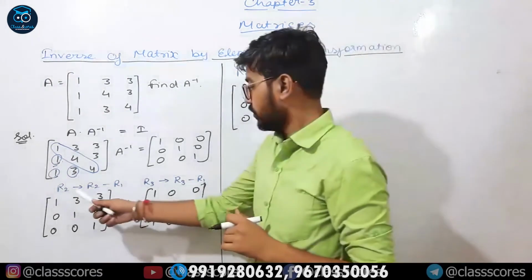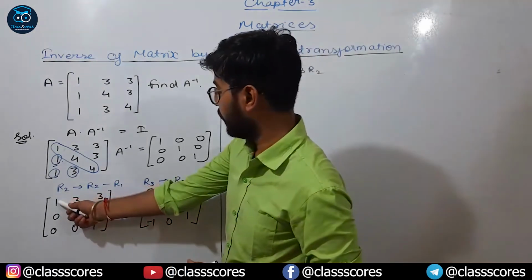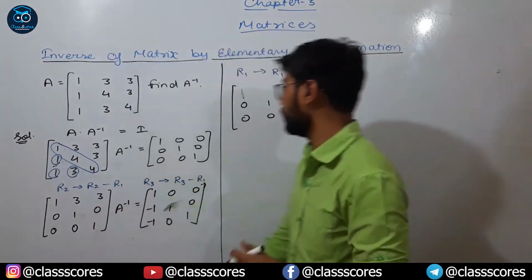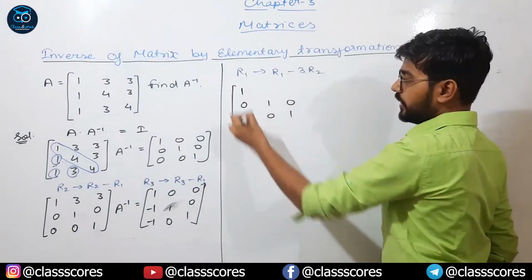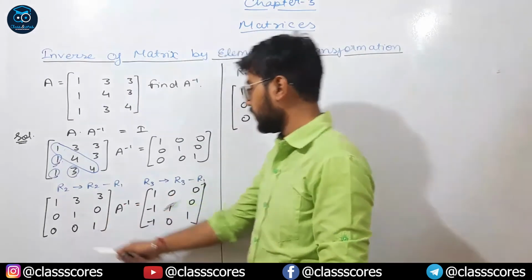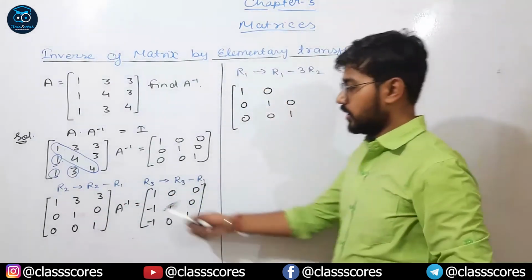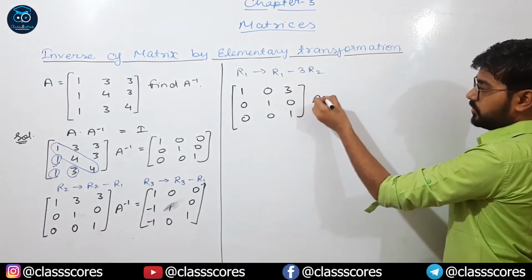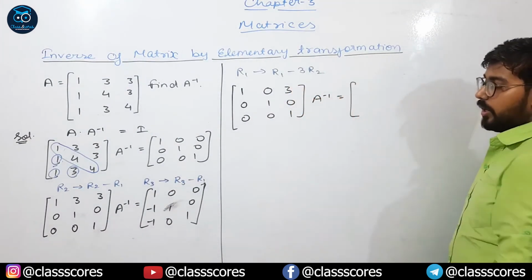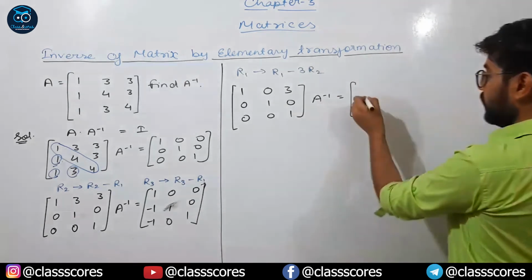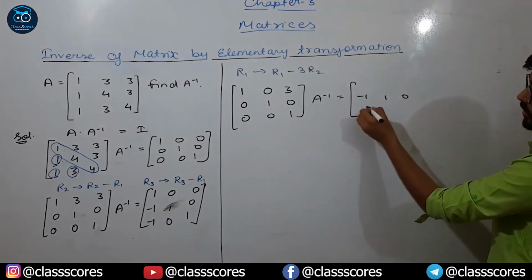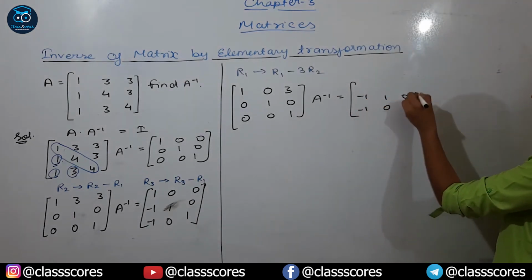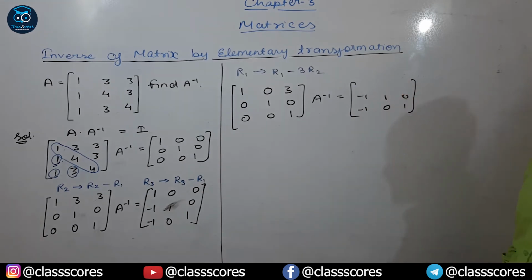Now R1 minus 3 into 0. So 1 minus 3 into 0, that is 1. 3 minus 3, that is 0. 3 minus 0, 3. It is A inverse equals to. Now apply the same thing here. There is no change in the second and third rows, so we can write them as they are.